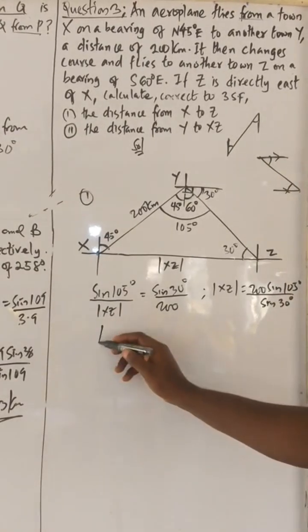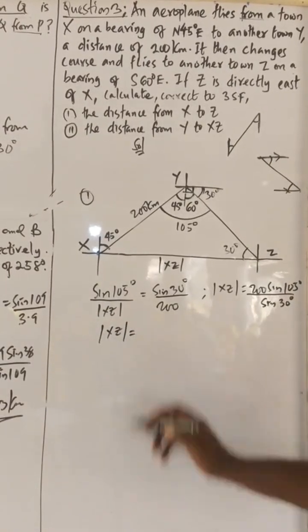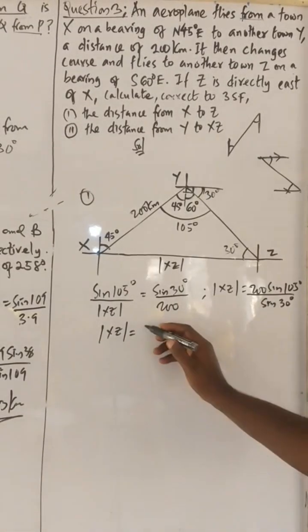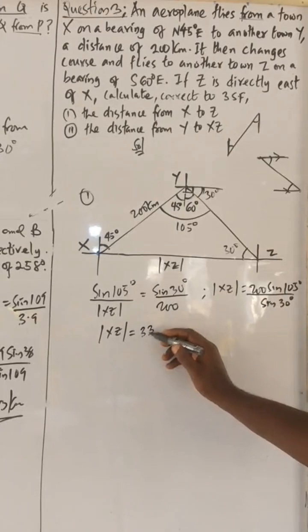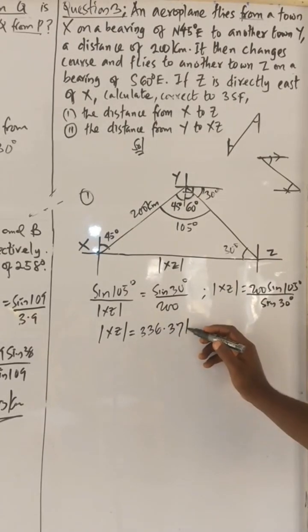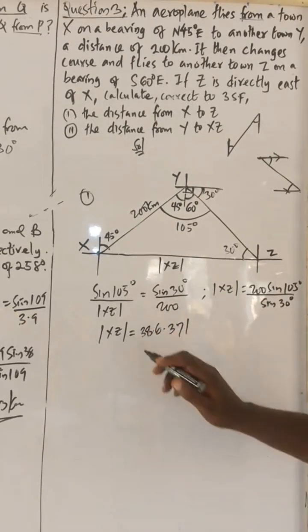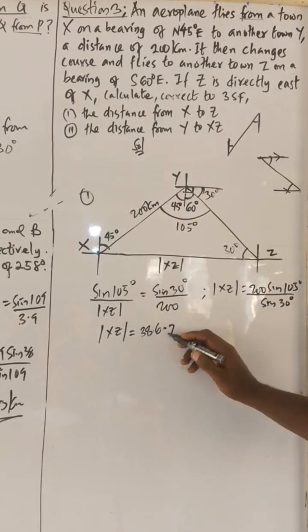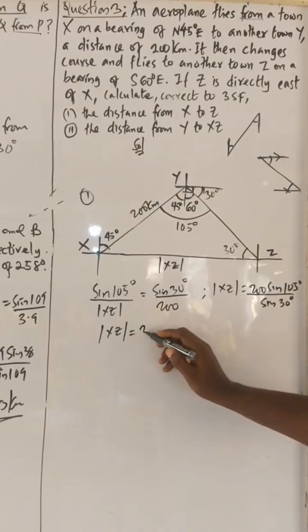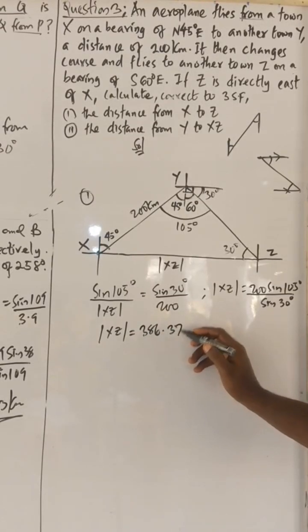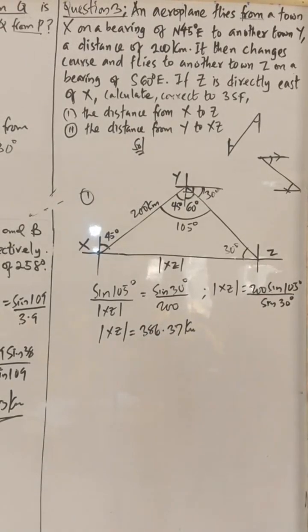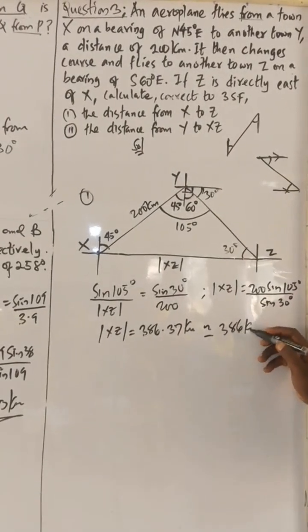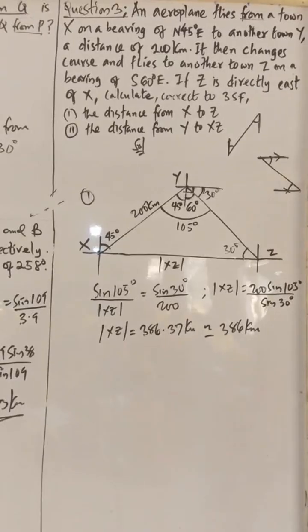So from here XZ is going to be 386.37 kilometers. So to 3 SF, this is approximately 386 kilometers, to 3 significant figures.